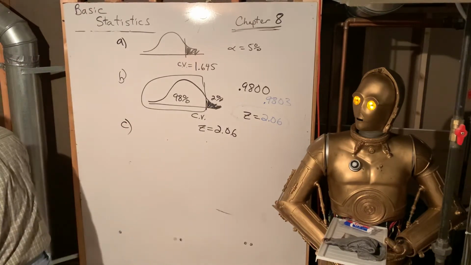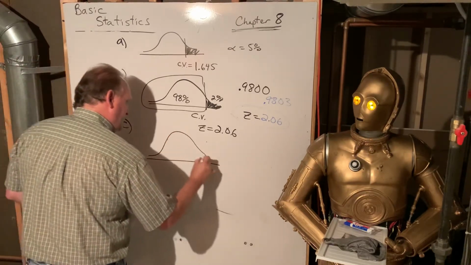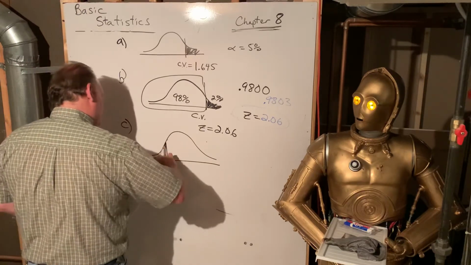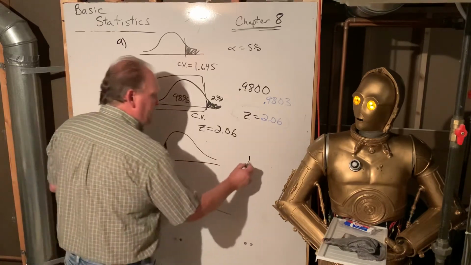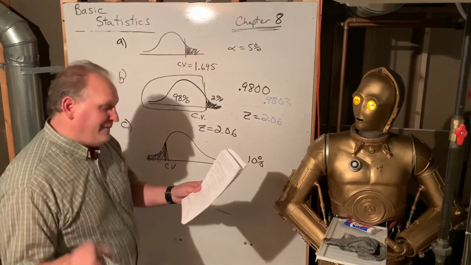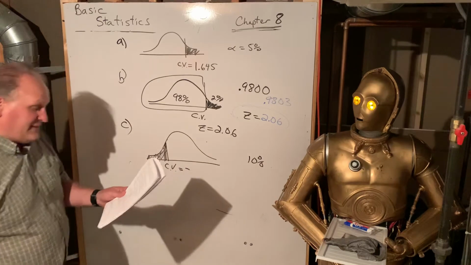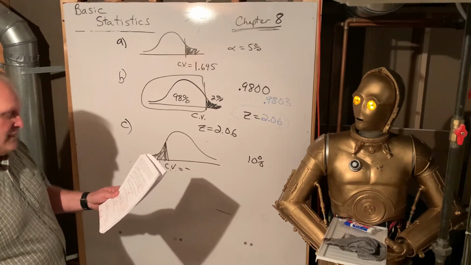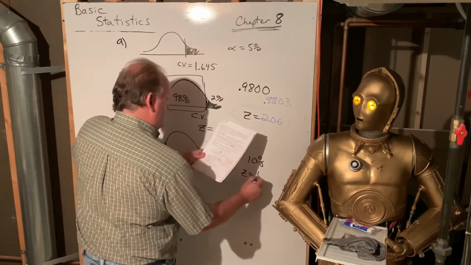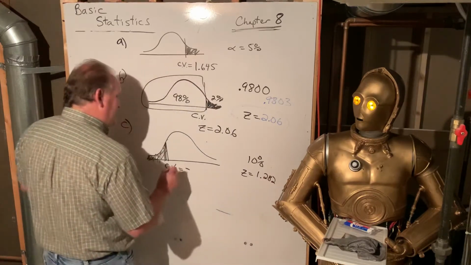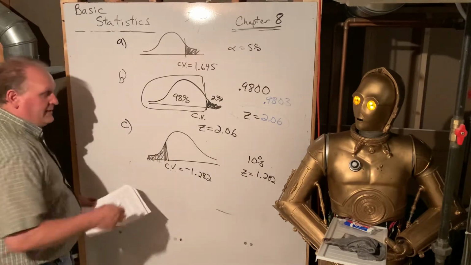Let's look at C, 10% on the left side. We can use the 10% and look that up on table F, only we're going to have to consider that it's on the left side and put a negative in front of it. So you can still look it up, 10% significance level, one tail. You follow it all the way down, and the z-score that is listed is 1.282, but we're going to make it negative 1.282 because it's on the low end, not the high end.